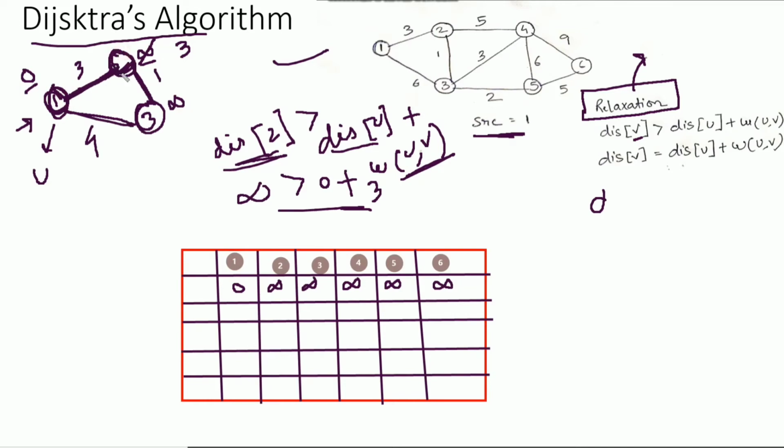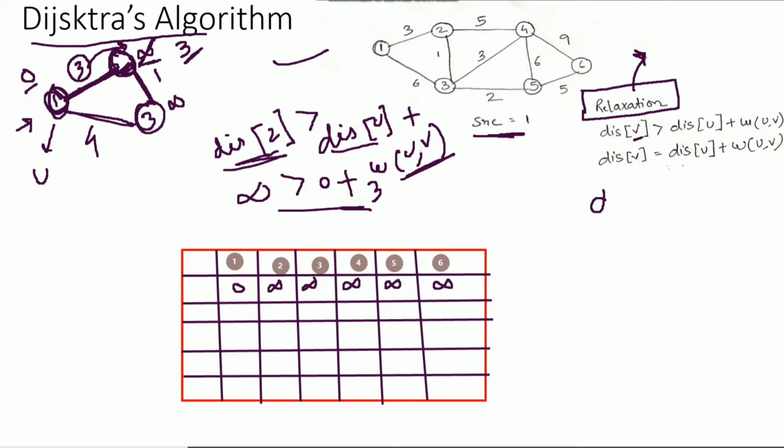The current distance value of the vertex is infinity, but we find that there is an edge joining that vertex v having weight 3, which is less than infinity. So we need to update the value from infinity to 3. This is known as relaxation. So we need to perform relaxation operations.